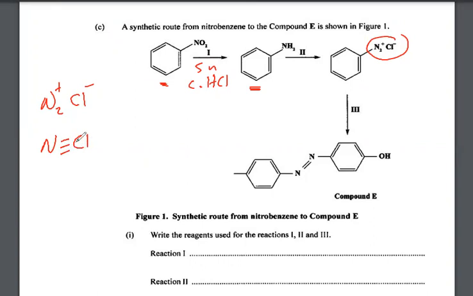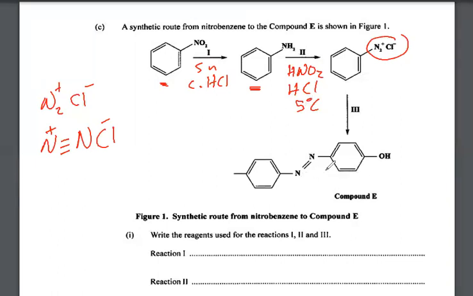Diazonium salt. So it is the same thing as doing this. Do you remember how we go from the phenylamine to the diazonium salt? Nitrous acid plus sulfuric acid or HCl, at 5 degrees Celsius. Wonderful.